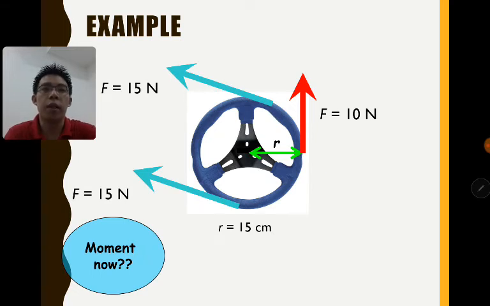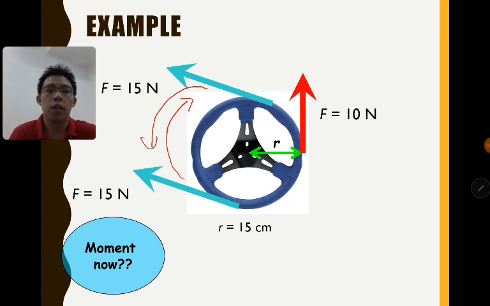Of course you worry about that, but basically if you understand the situation, this 15 Newton here and the other force are actually giving moments that are opposite in direction. So this force will cause rotation this way, this force will cause rotation this way. So basically it doesn't cause any net moment, so it balances, as we say.